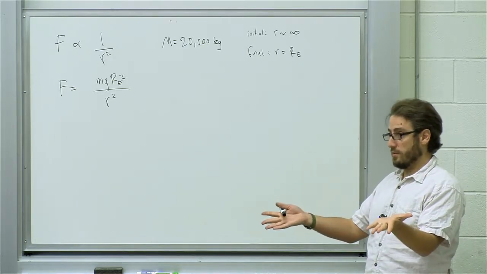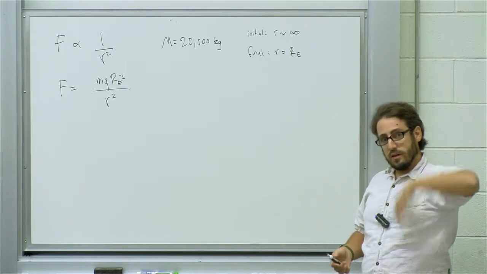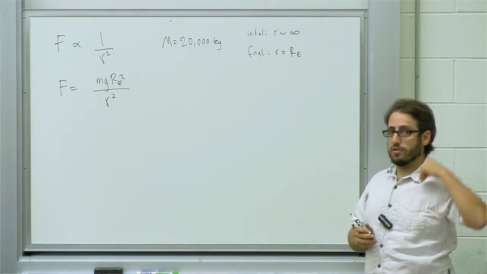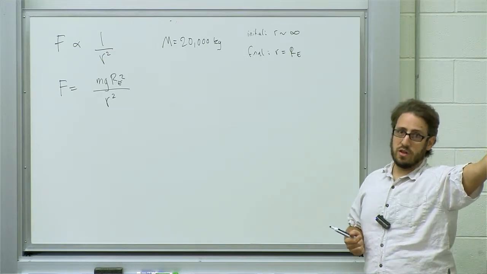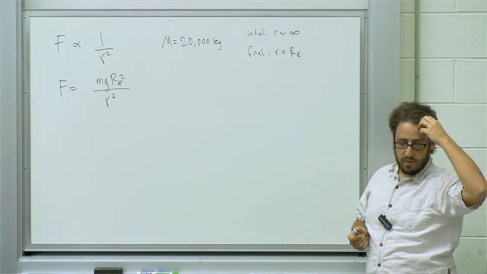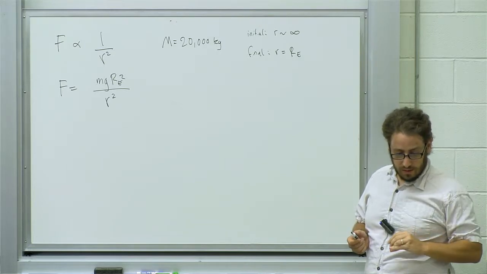Gravity is doing work on it, right? It's turning gravitational potential energy into kinetic energy. It starts out with a huge amount of gravitational potential energy because it's basically infinitely far away, and it falls and turns that into kinetic energy.